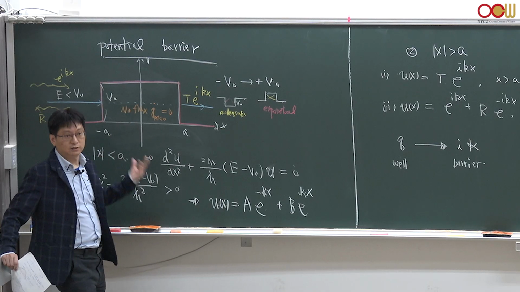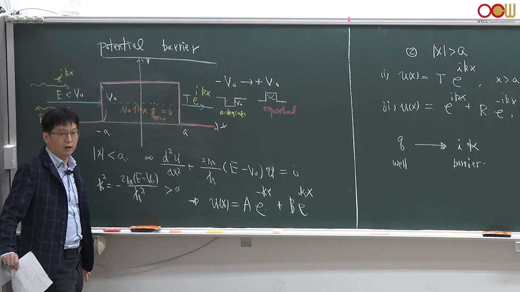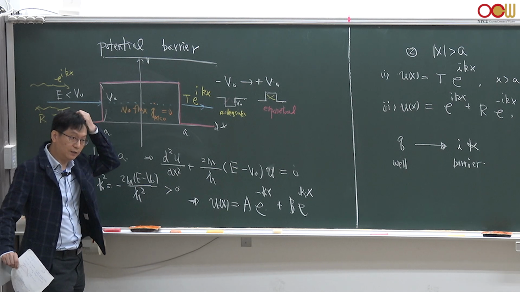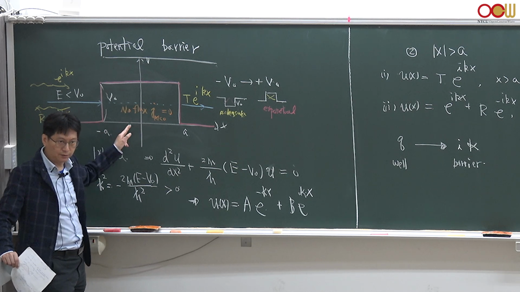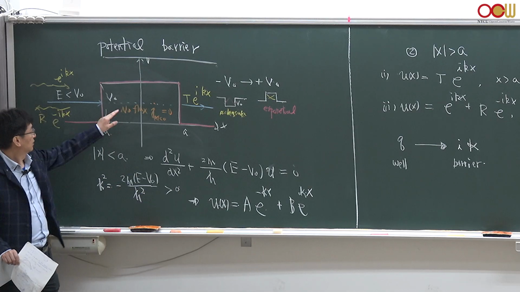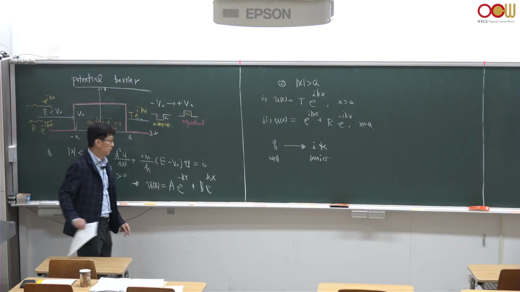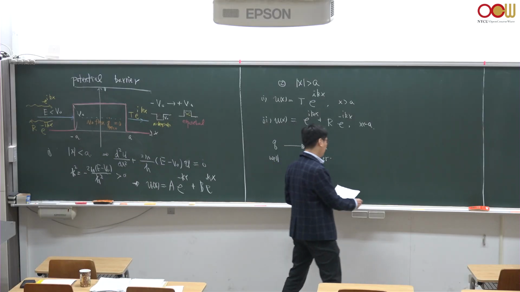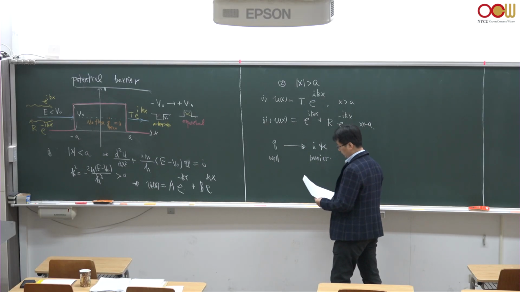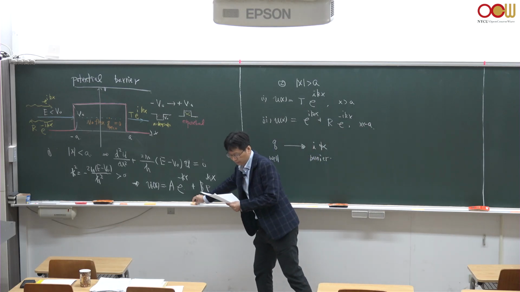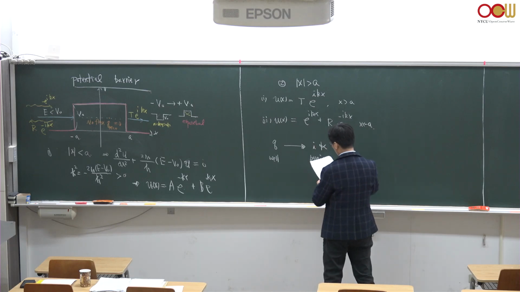So this seems to contradict the Heisenberg uncertainty relation that we emphasized many, many times at the beginning, and the Heisenberg principle is everywhere. So the Heisenberg principle is here to actually resolve this seemingly inconsistent or very strange phenomenon. We will come back to this later, but here let me just show you this solution.